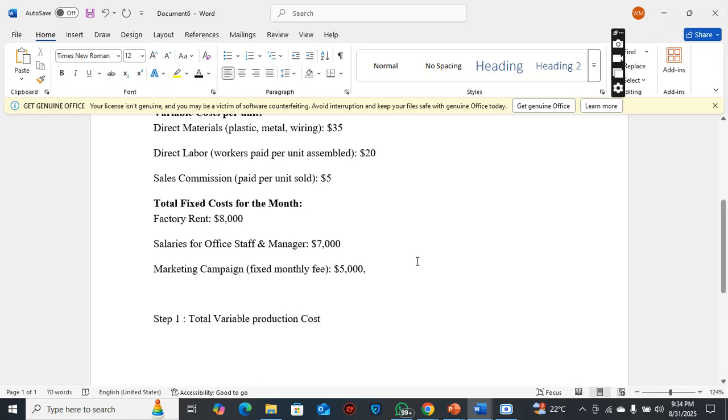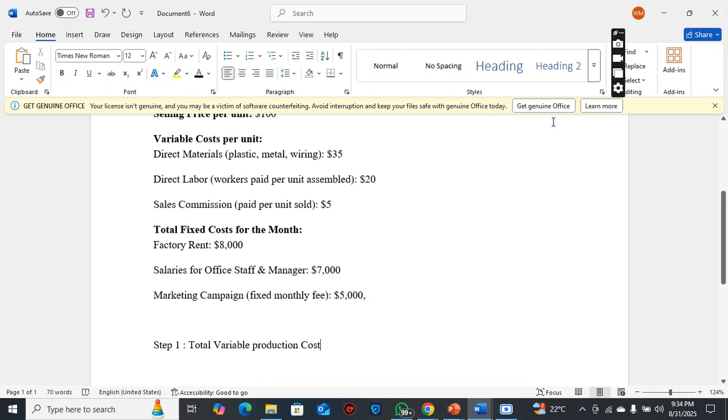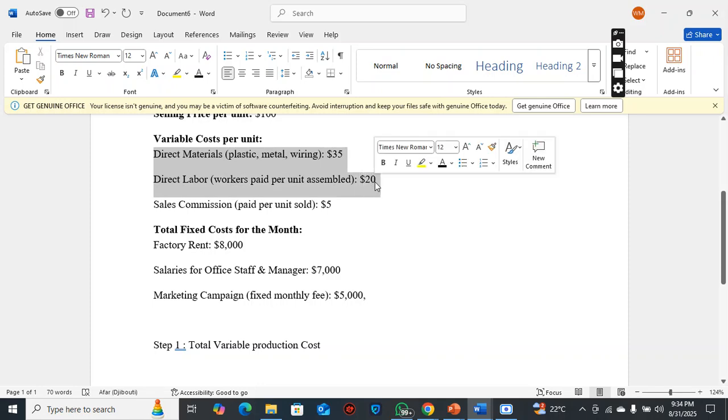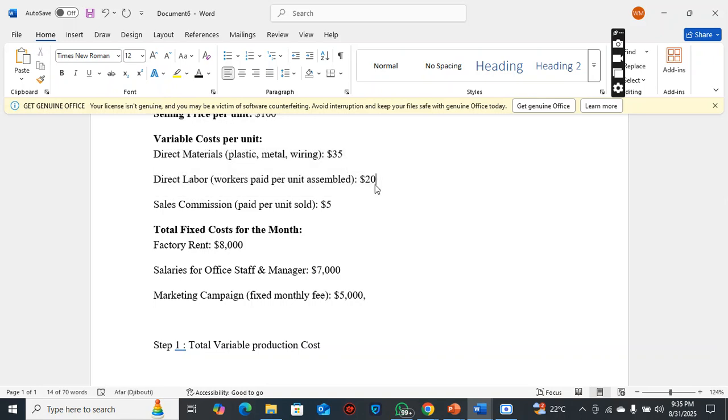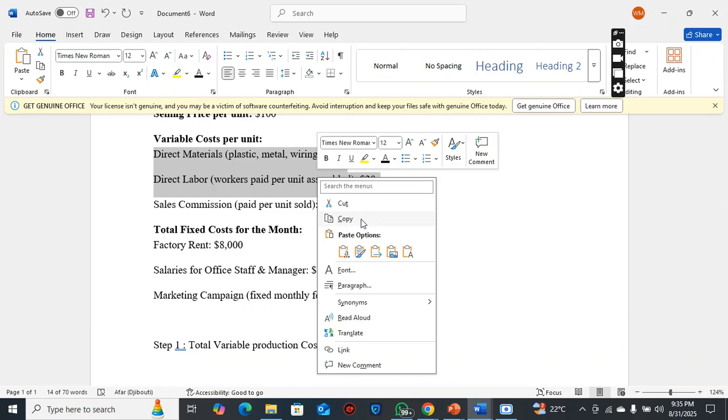So this is where a lot of students get confused. They'll put sales commission here. Yes, this is a variable cost, and we're going to also include it, but not in the cost of production of each unit. Remember, as we said earlier on, marginal costing includes the variable production costs attached to producing each unit. So here, we're just going to get the direct materials and the direct labor.